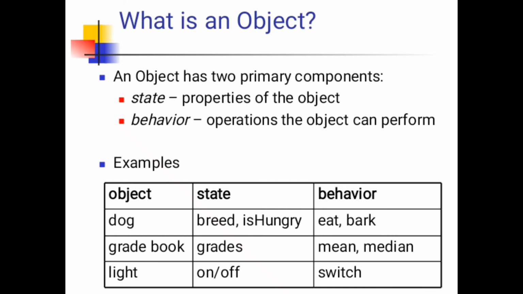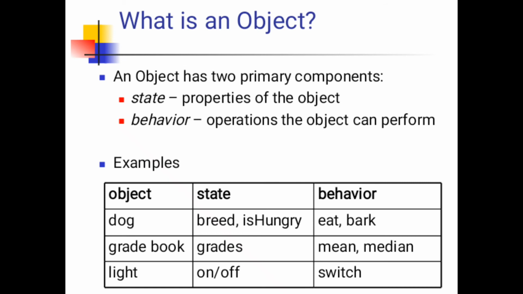When you take a dog as an example of an object, the state of the dog is breed or is hungry, and its behavior is that it can eat or bark. Let's look at the GradeBook as well.